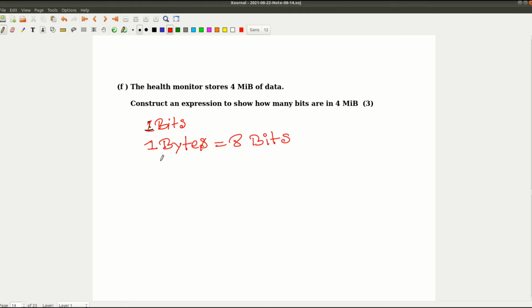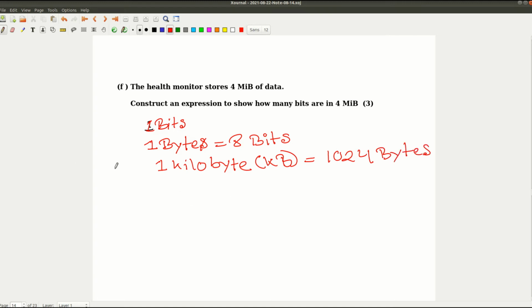Then 1 kilobyte, shortened to KB, requires 1024 bytes.